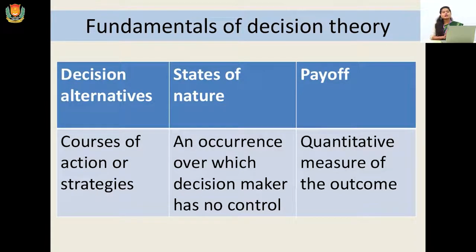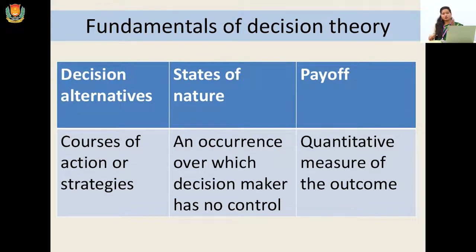Okay, then there are the fundamentals on which decision theory works. Decision theory works upon the decision alternatives. For example, there are the courses of action, the courses of strategies, on which the decisions are taken. So you need to make many types of decision alternatives.